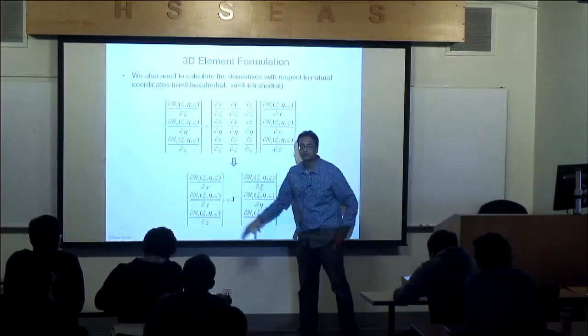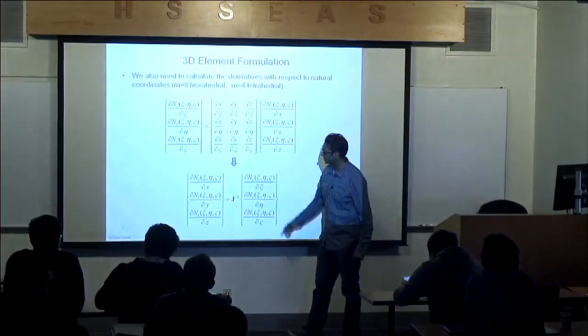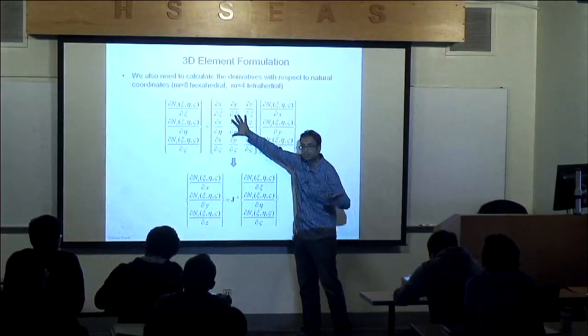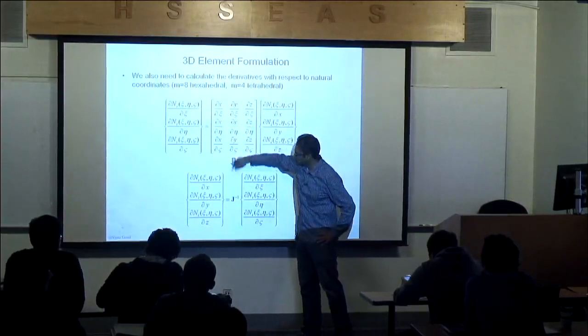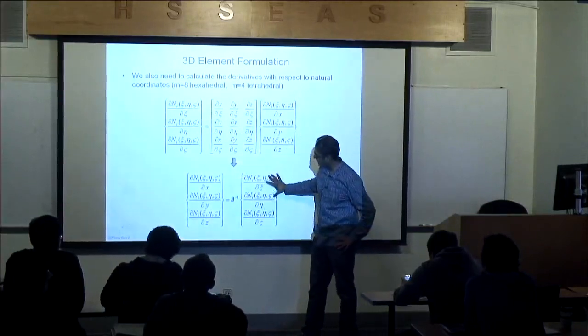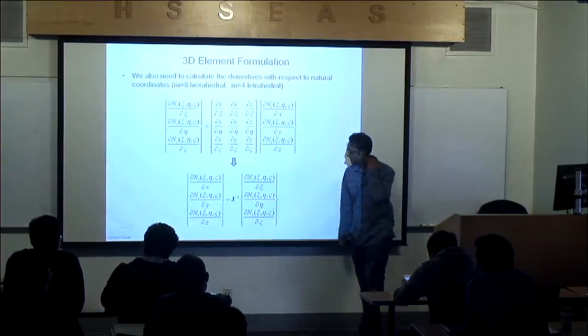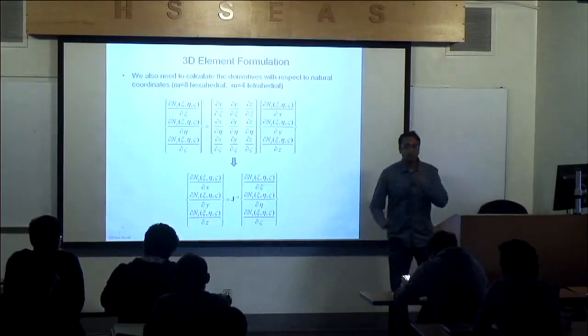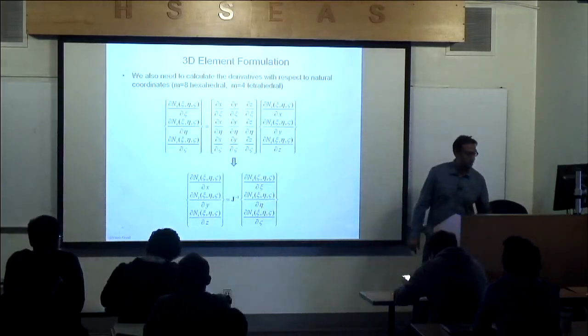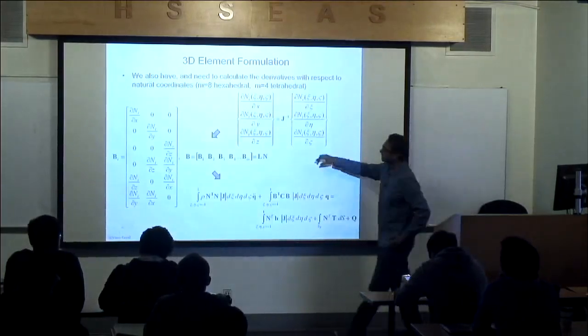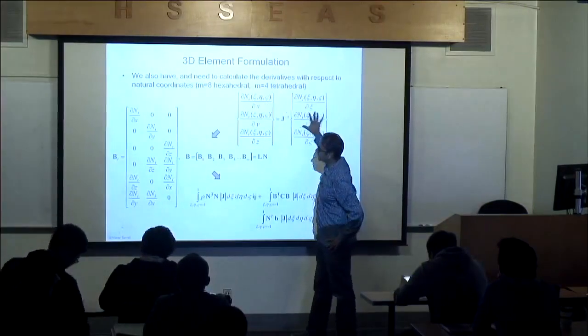I'll show you where. But let's call this J bold, Jacobian of the element. The inverse of that is given here, and then times this, and these are all known. I know the shape function, so I should be able to get this. So once I have these calculations, I'm ready to use this information, right?